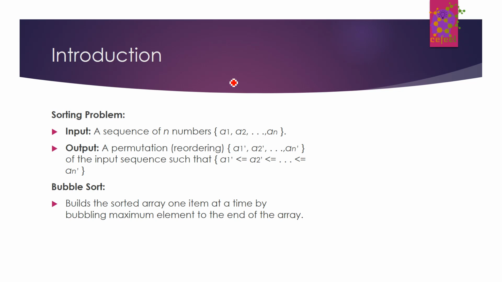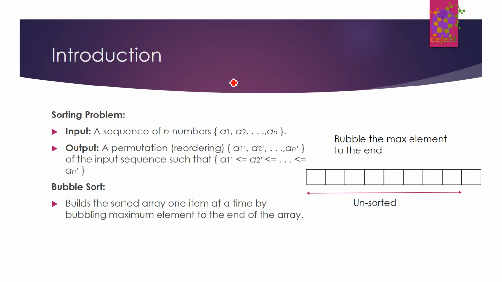Every time we pass through the entire data, we build our sorted output one element at a time, and at the end the entire data is sorted.